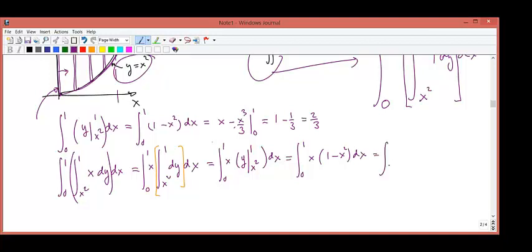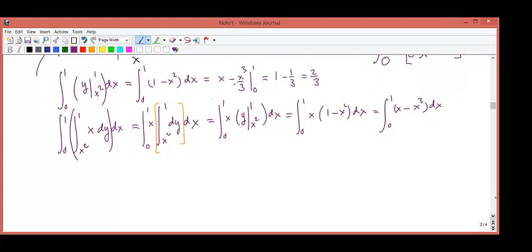So now this becomes the integral from 0 to 1 of (x minus x³). The integral of this is trivial. We pick up x² divided by 2 for the first term and x⁴ divided by 4, integrated between 0 and 1. Therefore, this gives us 1/2 minus 1/4, which is 1/4.